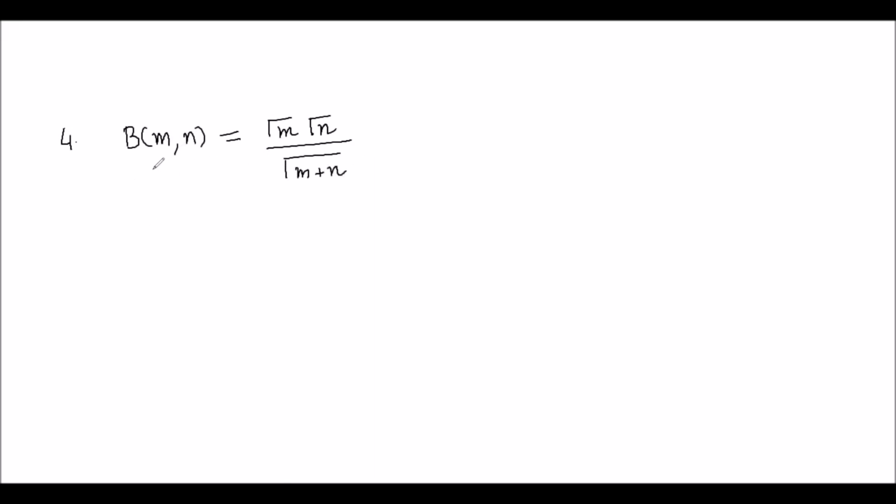So this is the relation between beta and gamma function. On the left hand side, we have beta function, and on the right hand side, we have gamma function. It's a very important result. It's a relation between beta and gamma function.